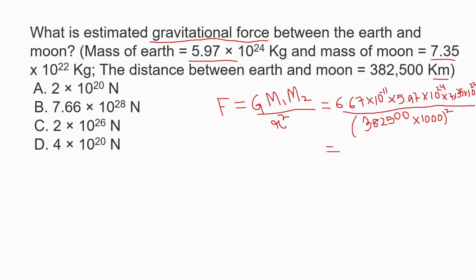Okay, so now if you multiply 6.67 into 5.97 into 7.35, this will give you 292.67, and then 24 plus 22 minus 11 is 35.